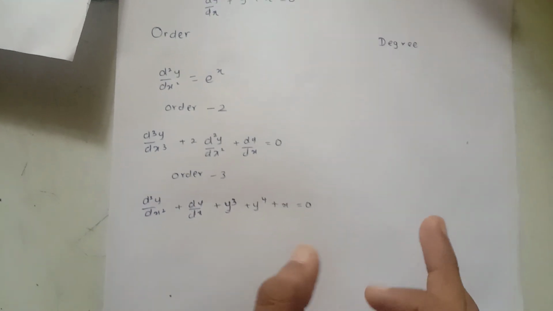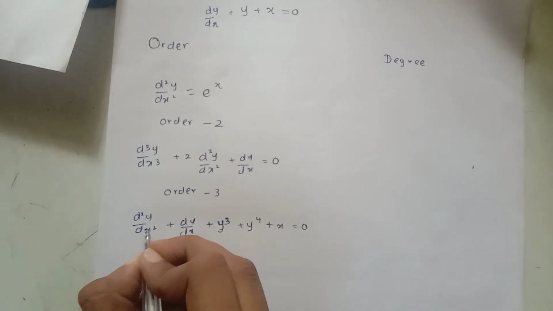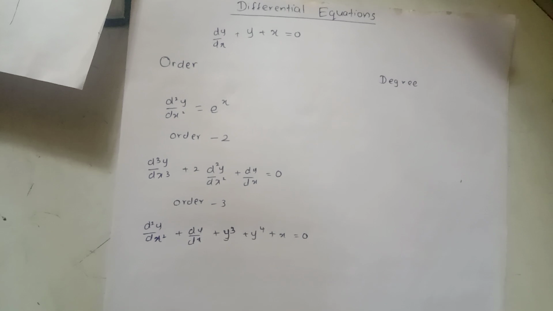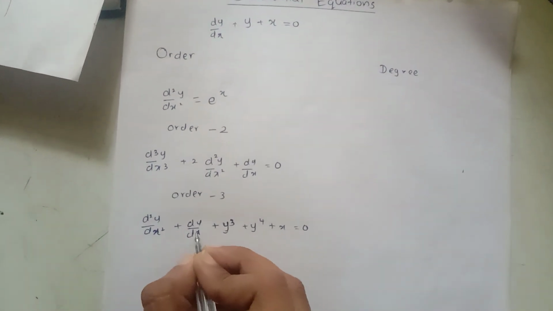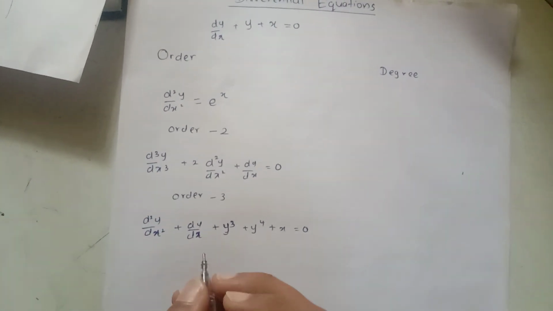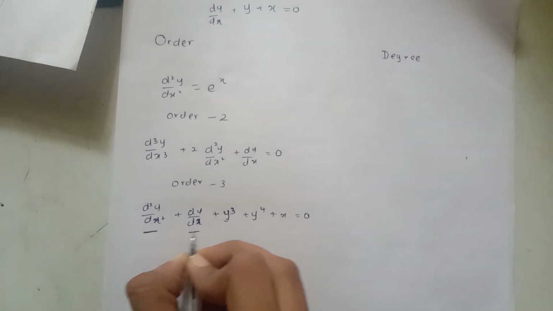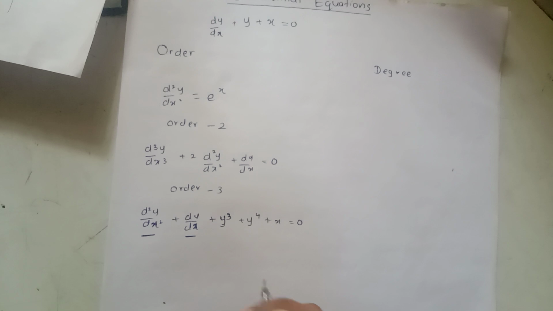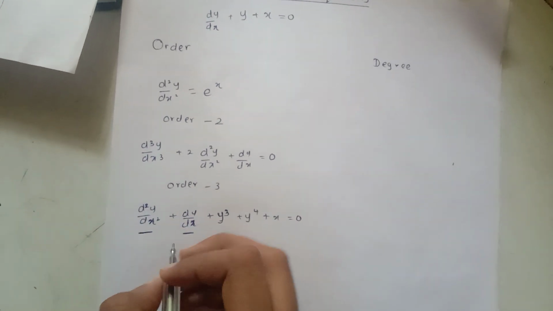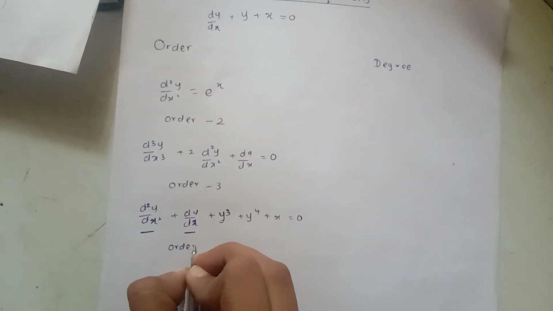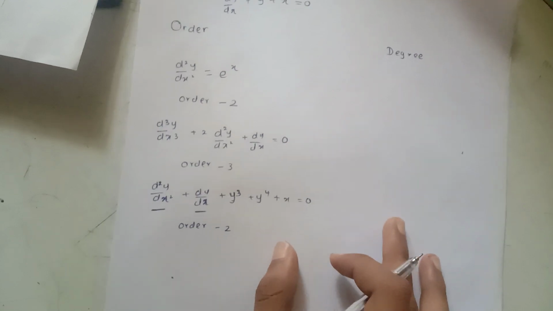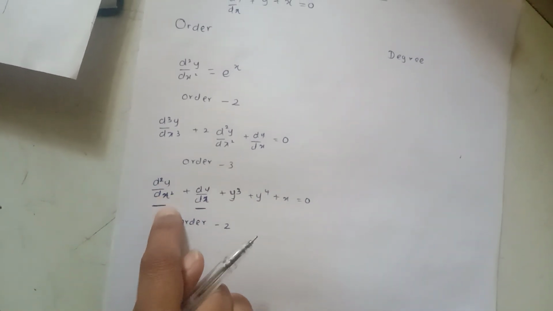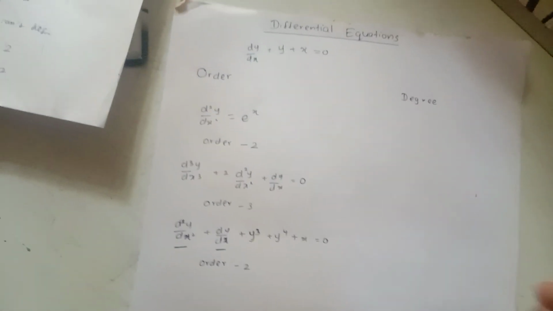When you want to find the order, we only consider the derivative terms. So what are the derivative terms right here? This and this. What is the highest derivative of these? This is 2, right? So the order is 2, not 3 or 4, because the highest derivative term is 2.